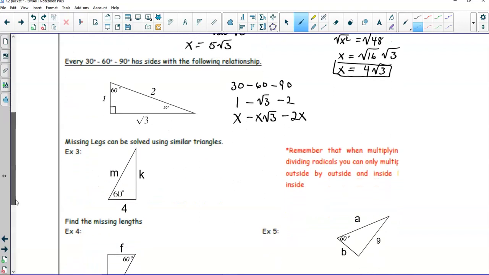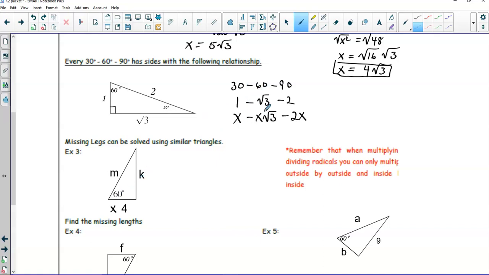Let's take a look at this example. Here they give me the short leg. If they give me the one across from the 30 degrees, that means down here I have x. So x is 4, you see? And then across from 60 we have k.